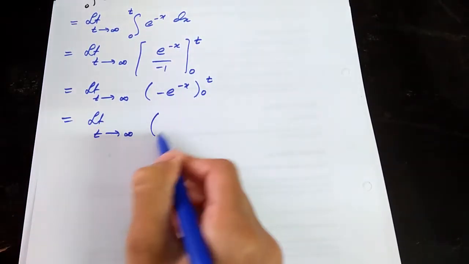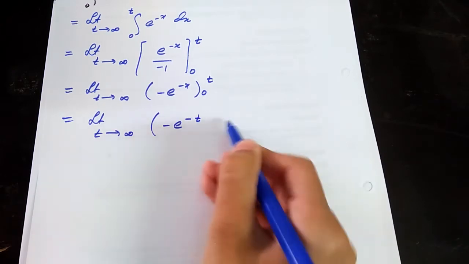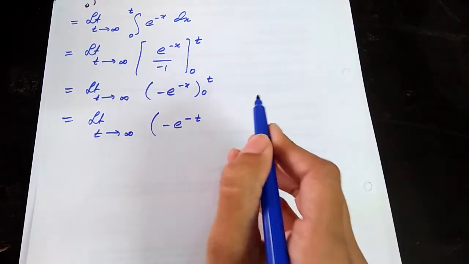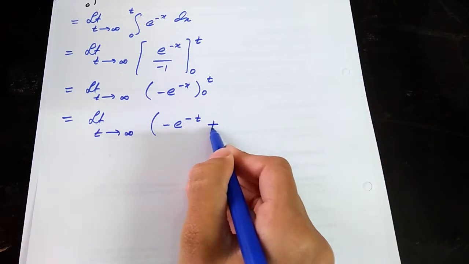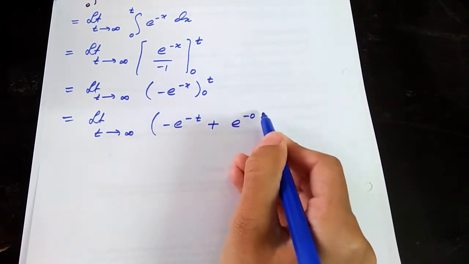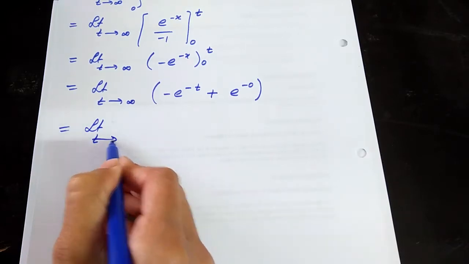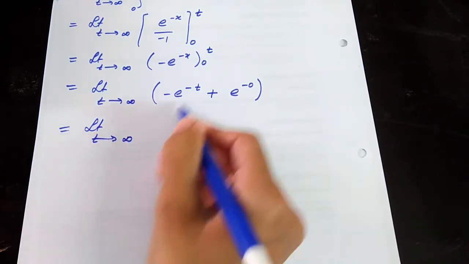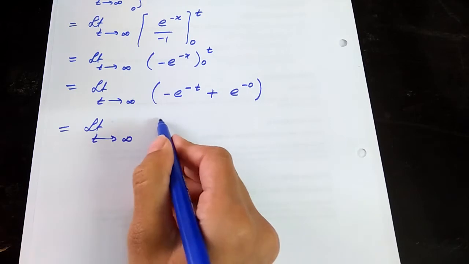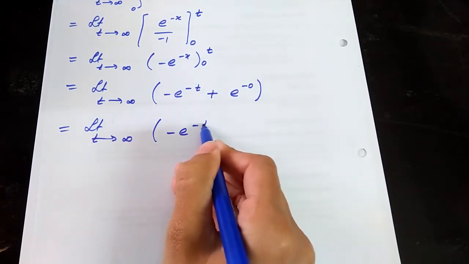Now put the upper limit: minus e raised to power minus t, then the lower limit with the formula minus, and this minus will give you plus, and this will become e raised to power minus 0. This will become limit t approaches infinity of minus e raised to power minus t.